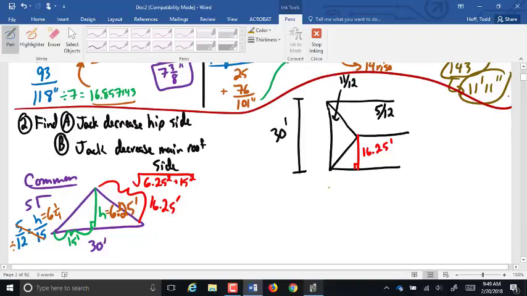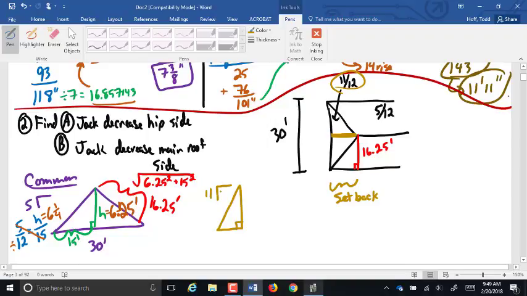So there's two things we need to find. We need to find the setback here, and we need to find this longest jack here. And both of them are going to come off the same diagram right here. And there's two things we know about this. What is the slope? It's the 11/12.